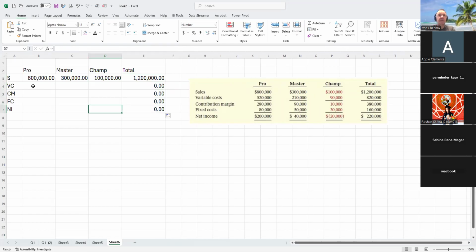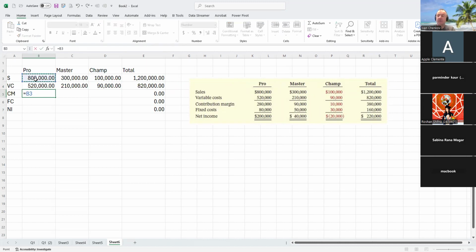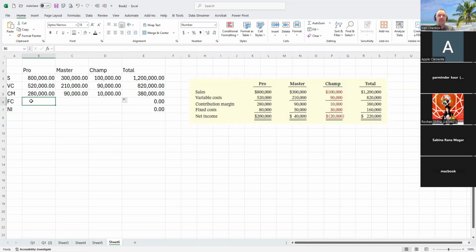Make sense? So then I have the variable cost 520, 1, 2, 3. Then I have 210, 1, 2, 3, and then I have 90,000, 1, 2, 3. And then I have my contribution margin, which is this one minus that one. And I get my contribution margins. And then I have the fixed cost.